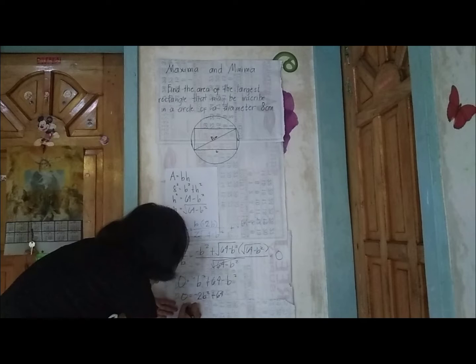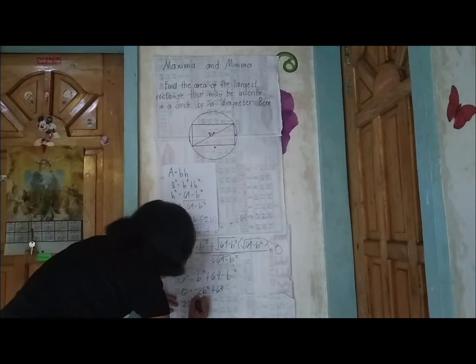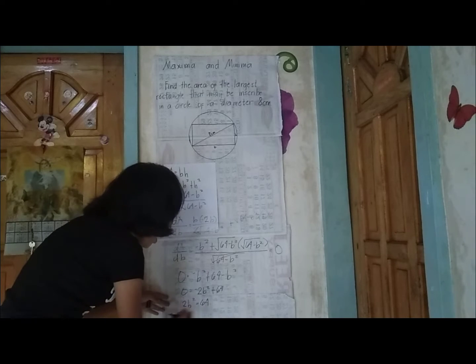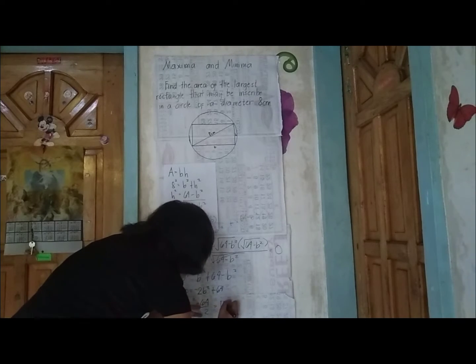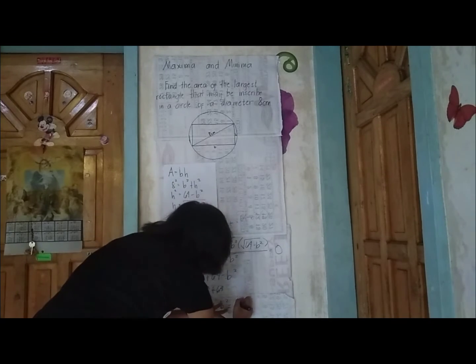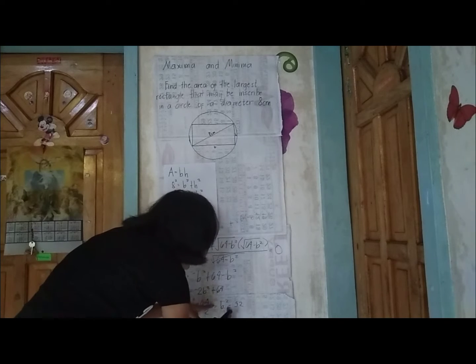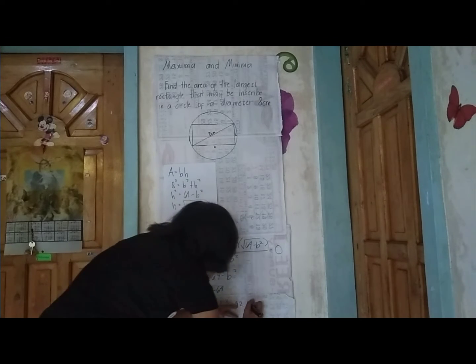Then transpose, it will become 2b squared equals 64. Then divide both sides by 2. Then b squared is equal to 32.